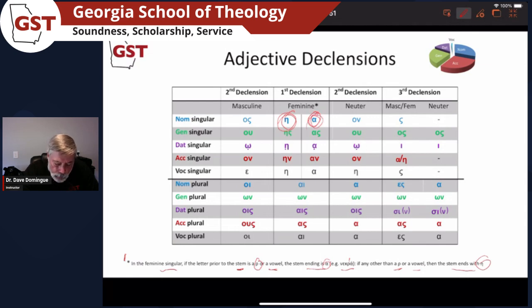And the ending alpha sigma can indicate either a genitive singular or an accusative plural. And so you have that ambiguity there. And just to show you, if you take the word agathes, or agathos, right?